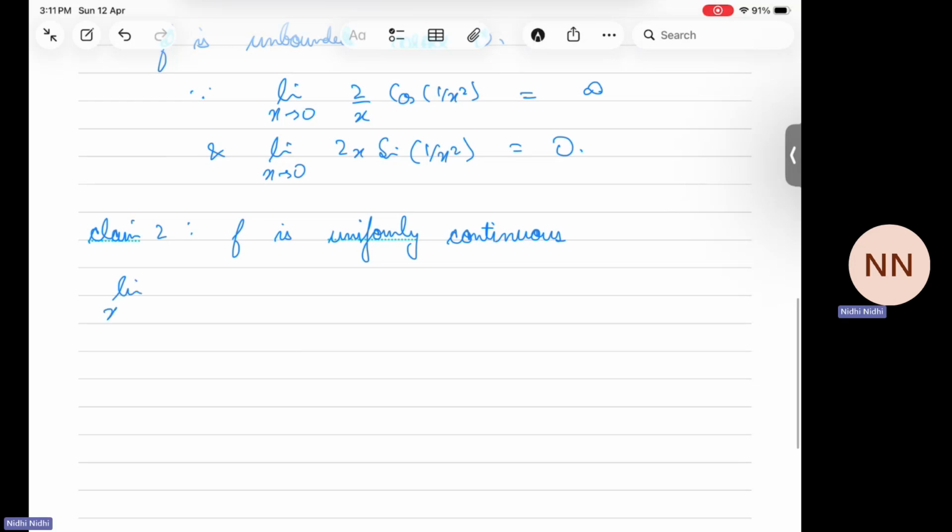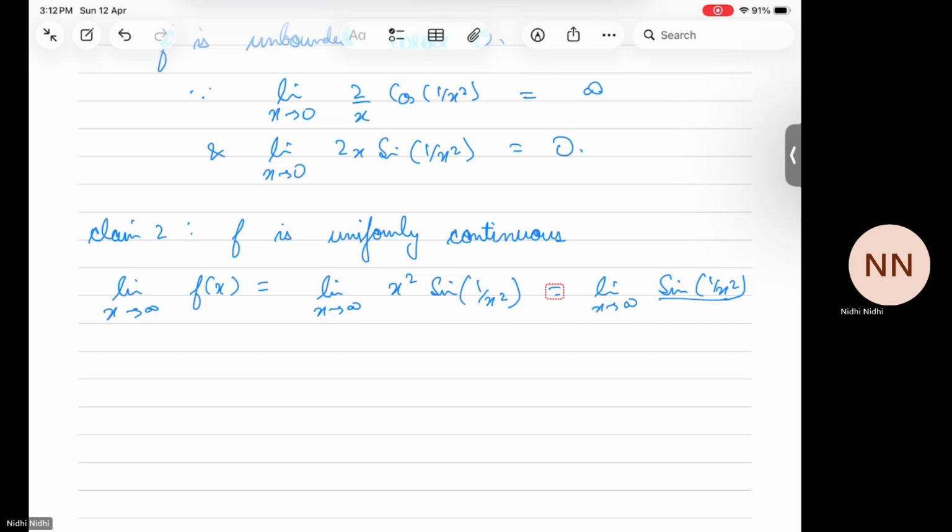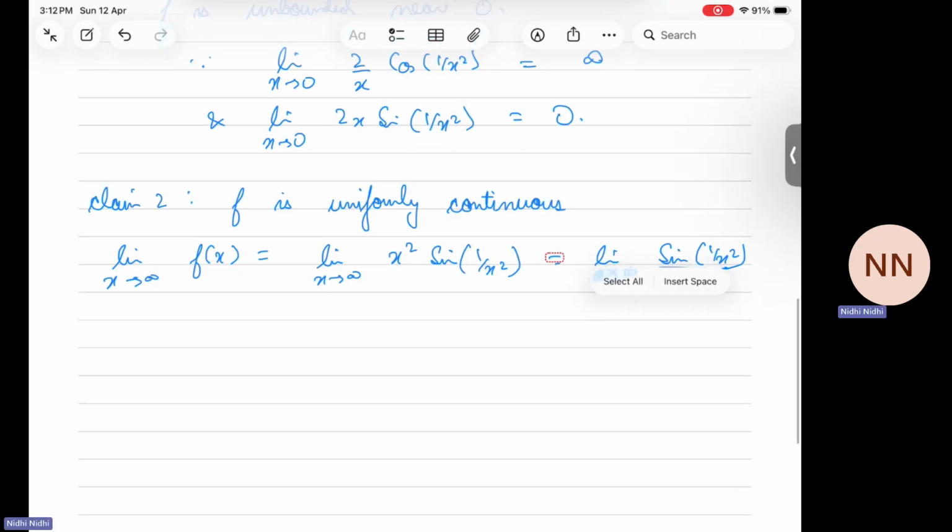Now limit x tending to infinity of f x, which is, of course, as x tends to infinity, x square sine 1 by x square, which is limit x tending to infinity of sine 1 by x square on 1 by x square, which can be written as limit h tending to 0 of sine h by h. We know that this is equal to 1.